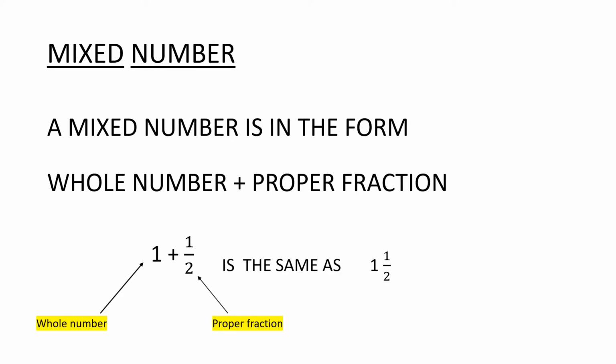Now, this can be expressed as the mixed number 1 and a half. So that is the proper format for a mixed number. It is understood that there's a plus sign there, but we don't actually write it. So the mixed number is expressed without a plus sign between the whole number and the fraction.